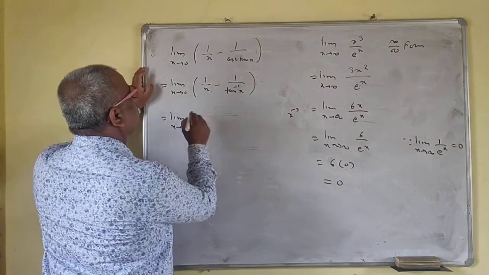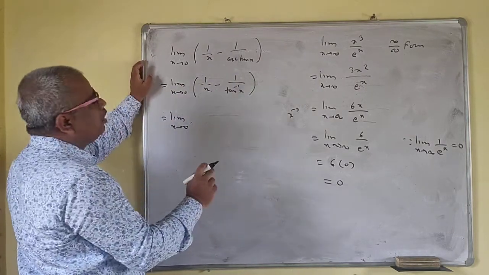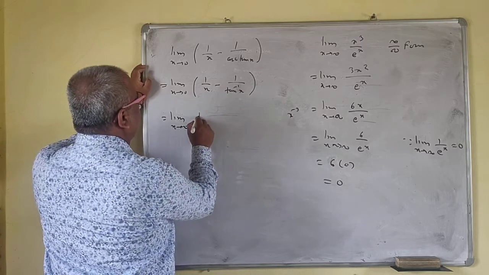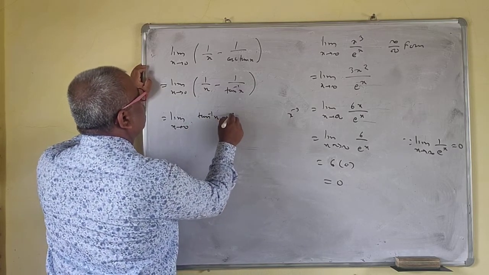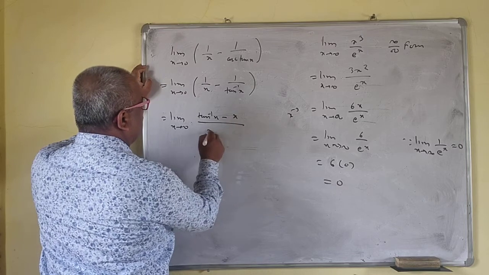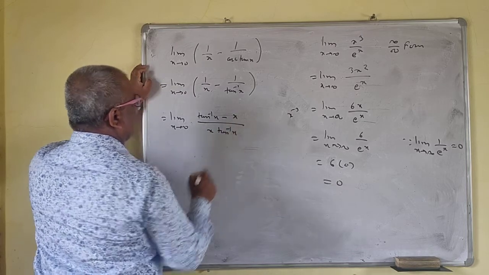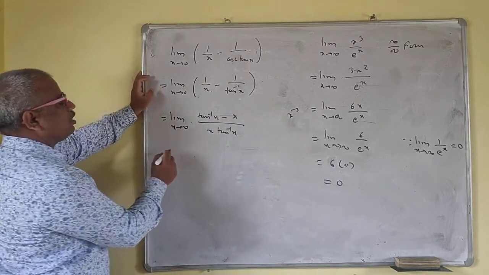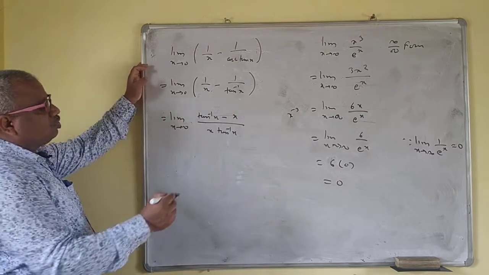So we have to convert this into 0 by 0 form or infinity by infinity form. So this is tan inverse x minus x upon x tan inverse x. Tan inverse 0 is 0, so this is 0 by 0 form.